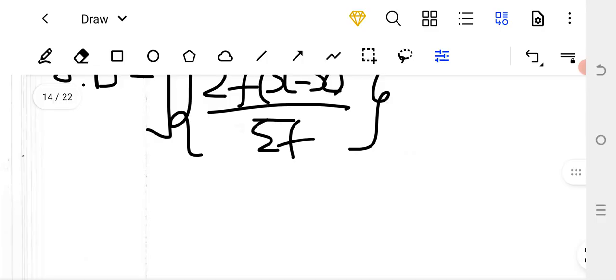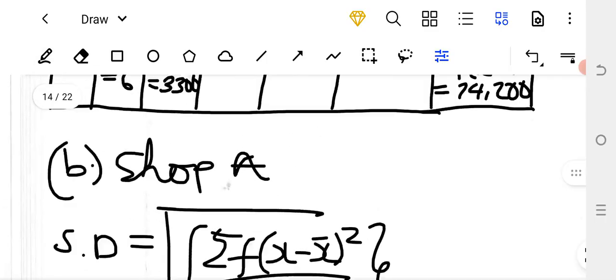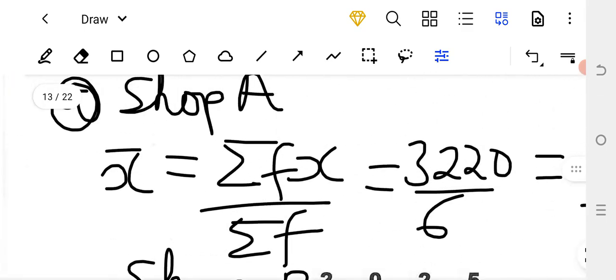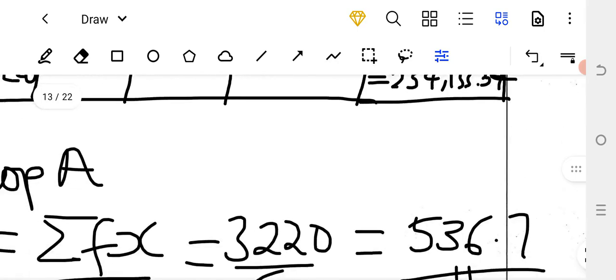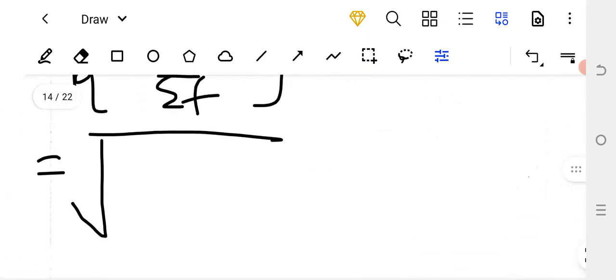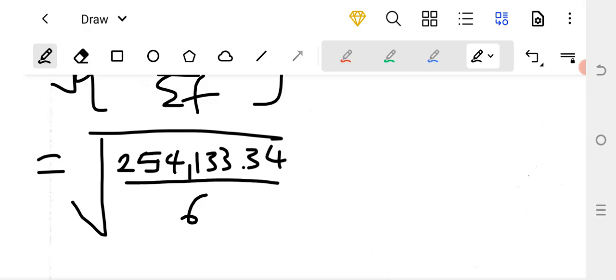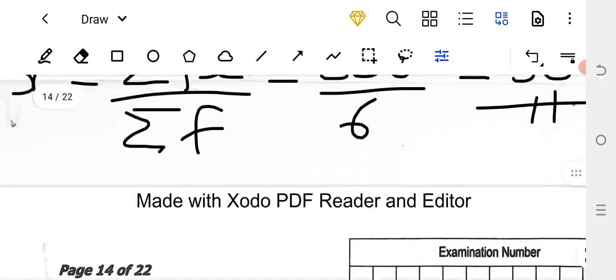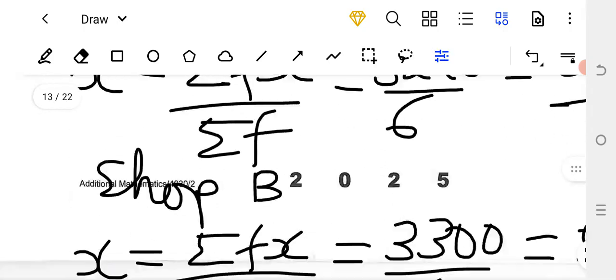For shop A, we found 254,133.34. The summation of f was 6.